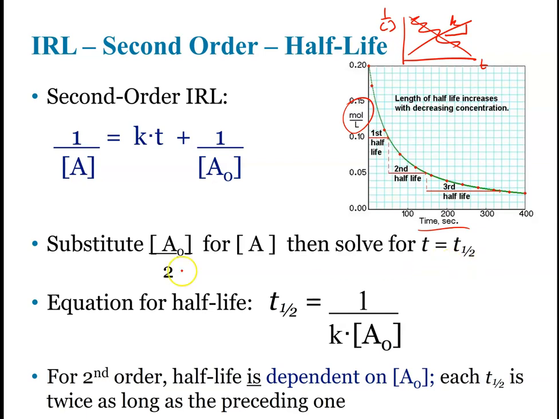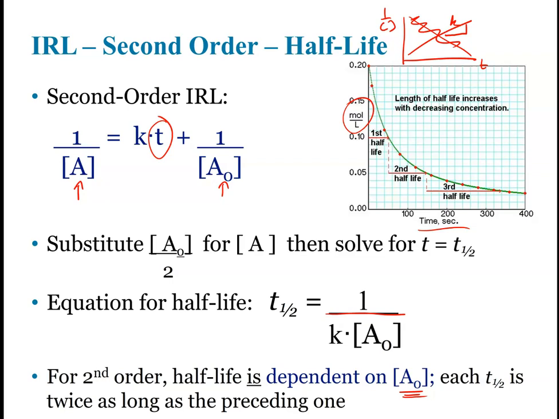To find the half-life, we would plug in half of the initial concentration here, and the initial concentration here, and solve for the time it takes. What we would find is the half-life for a second-order reaction is 1 over K times the initial concentration. It is concentration dependent.